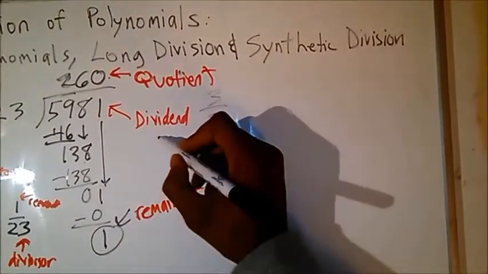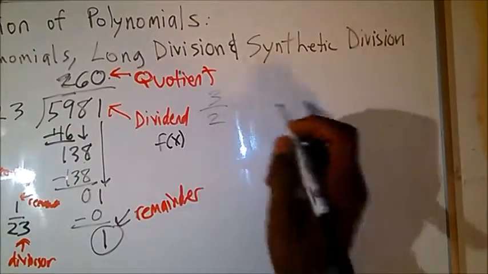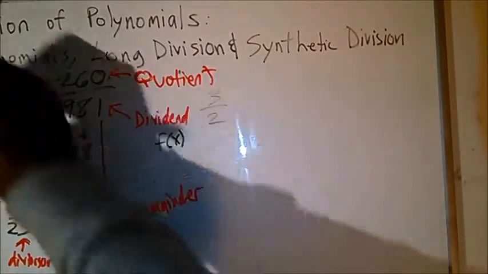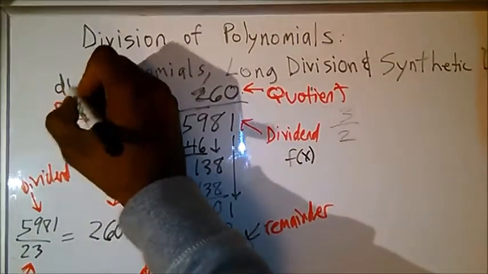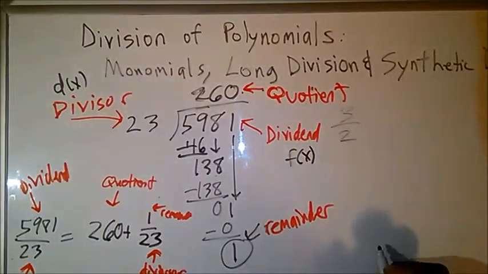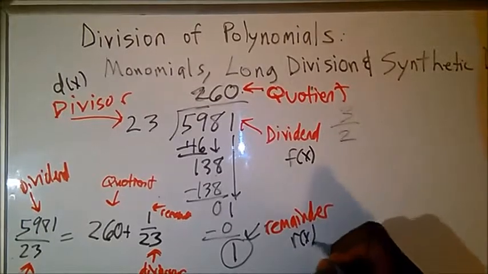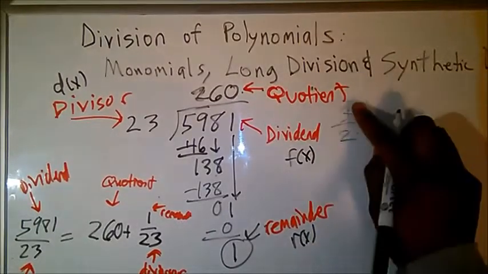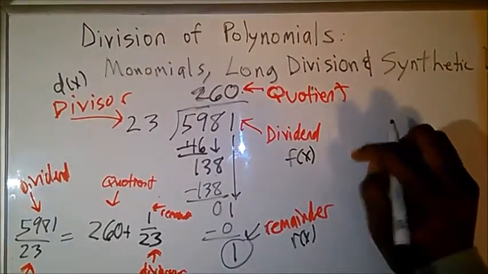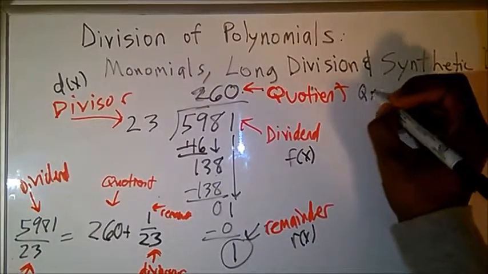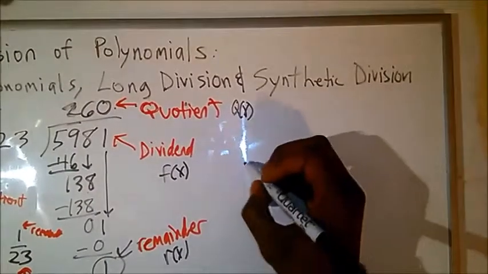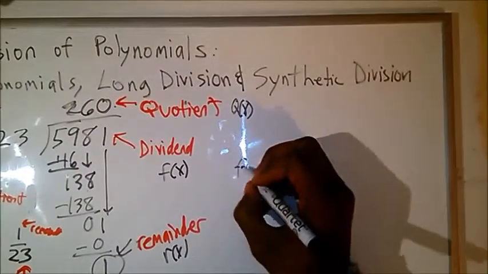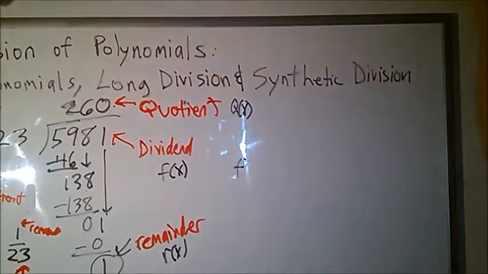Your dividend is called f of x. Your divisor here is called d of x. Your remainder is r of x. And your quotient here is called q of x.